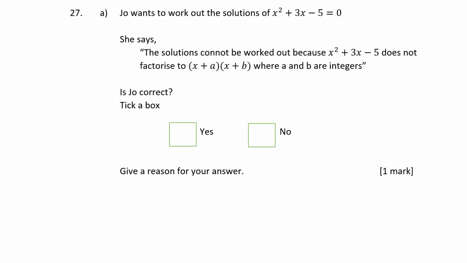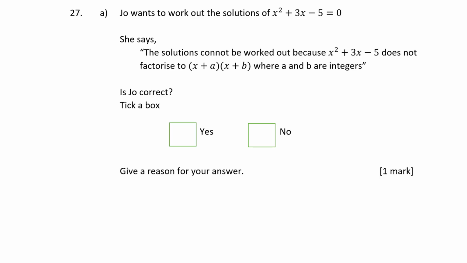Well, she's right insofar as it doesn't factorize, isn't it? If you look at minus 5, the only factor pairs you're going to get are 1 and minus 5 or minus 1 and 5, and neither of those pairs adds up to 3. So it's not going to factorize, but that doesn't necessarily mean that there are no solutions.